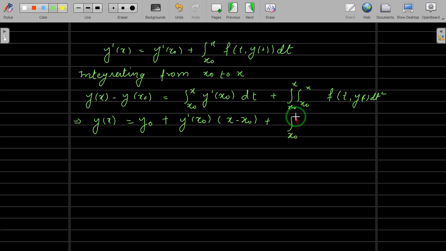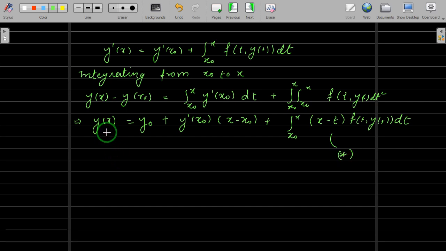So integral x naught to x of x minus t f t y t dt, and this is what we can do. Let us take this as equation 1 or star, whatever.